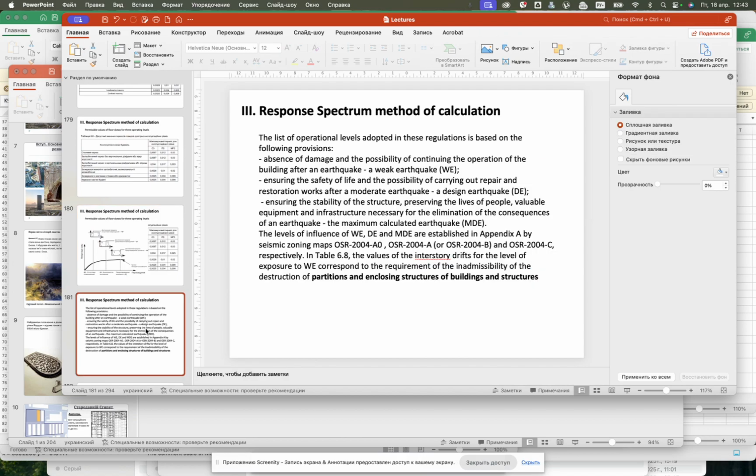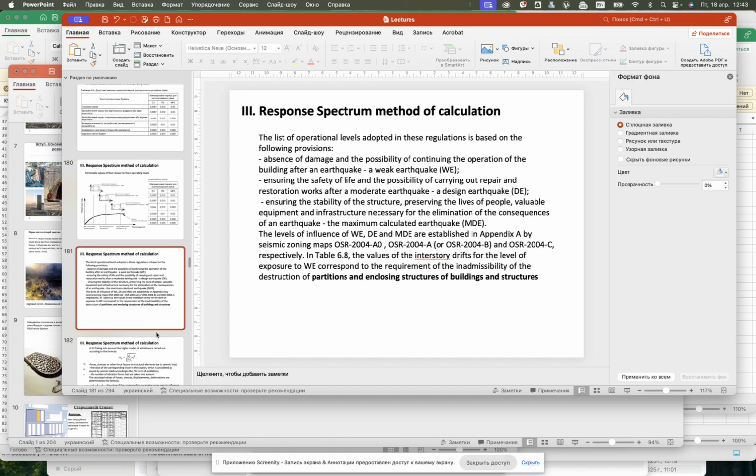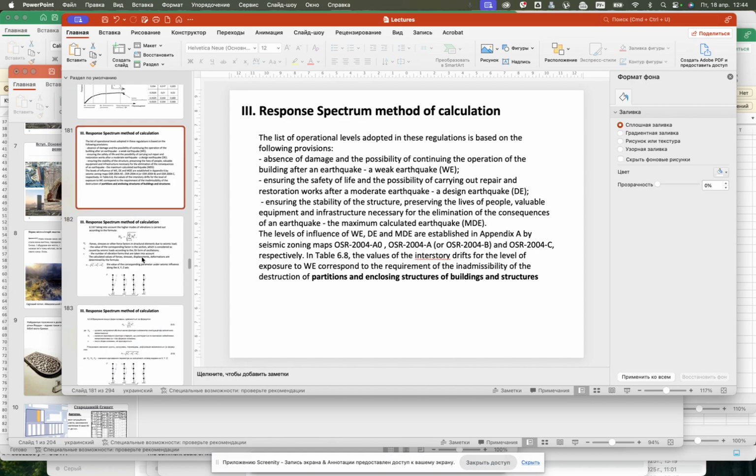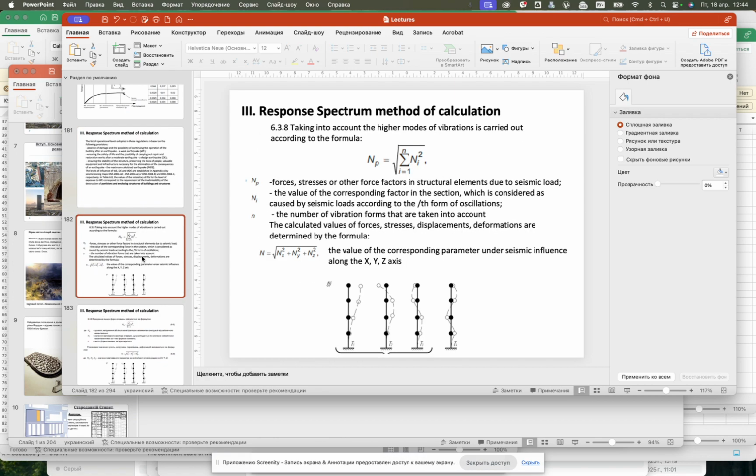So next method of calculation, which we also have to discuss, we have to analyze how in this calculation method can we include all these forms. For example, this building has only 4 forms, but when we are calculating multi-story buildings, it's like 50,000 masses, and it means that we have to take into account all 50,000 forms.